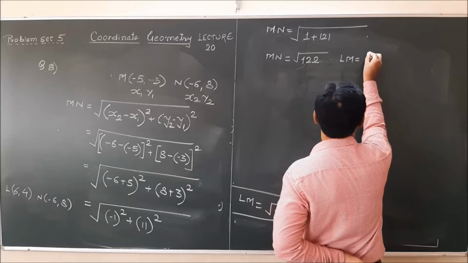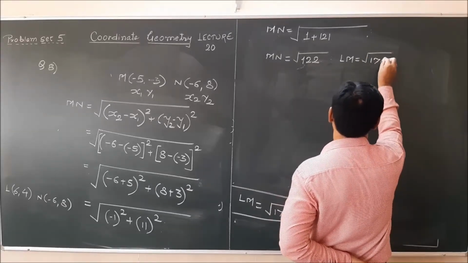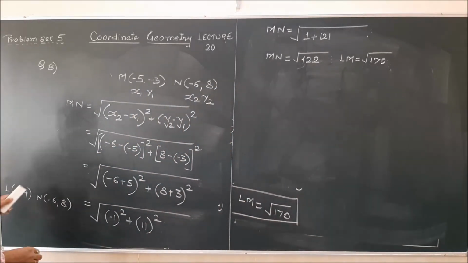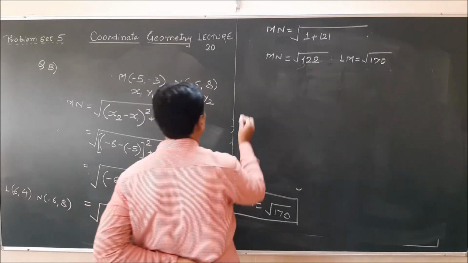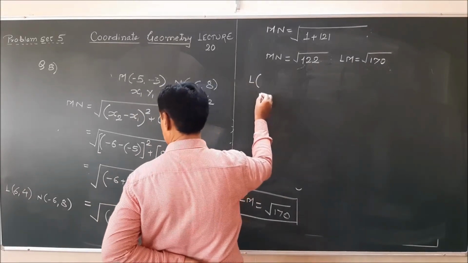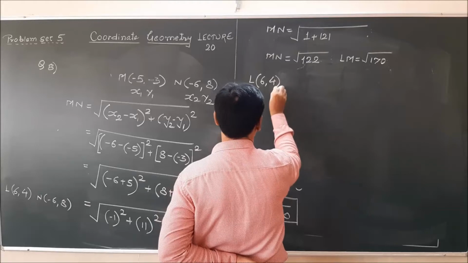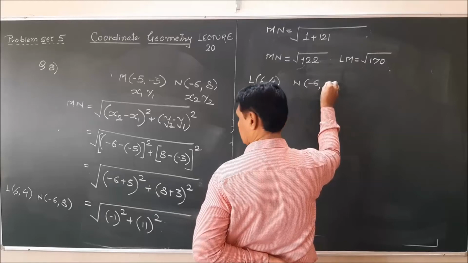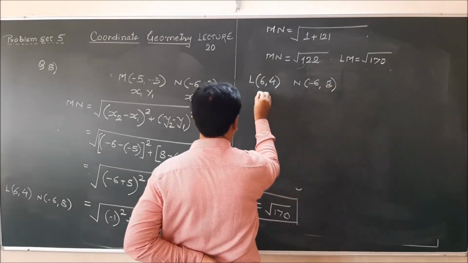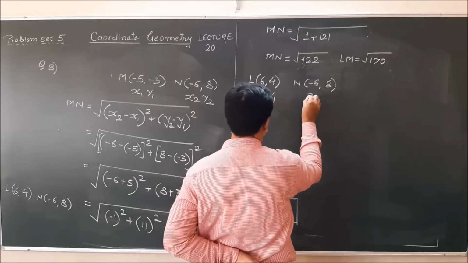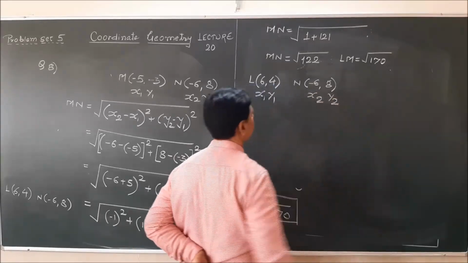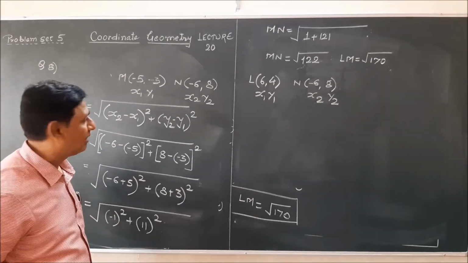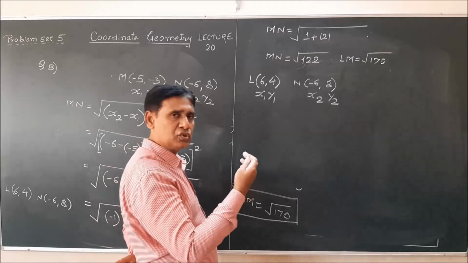Okay, LM is equal to root of 170. Now one more is left out. What is that? LN. So L is equal to 6 comma 4 and N is equal to minus 6 comma 8. Same way, very mechanical, x1 y1 x2 y2, labeling the coordinates of L as 6 comma 4, x1 y1, and the coordinates of N as x2 y2.